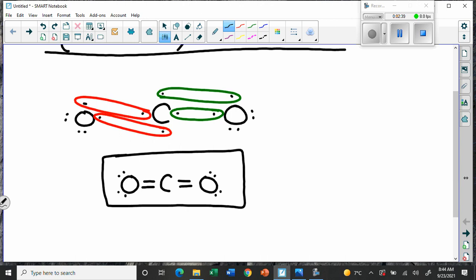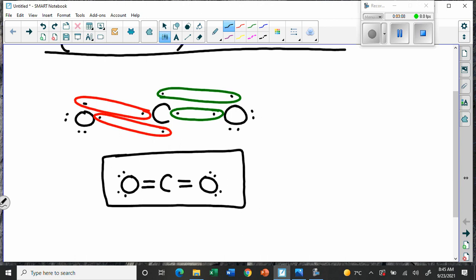But there is a bit of a problem that we don't see in the ionic compounds that we do see here. You could come up with all kinds of possible arrangements, right? Like you could double this up. You could have 2 carbons and 4 oxygens all sort of getting together. It would be a more complicated picture, and it's sort of unclear as to where all the bonds might be.